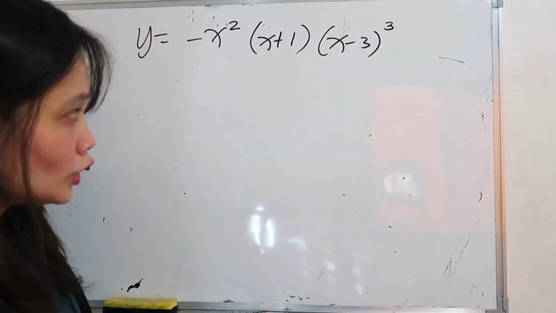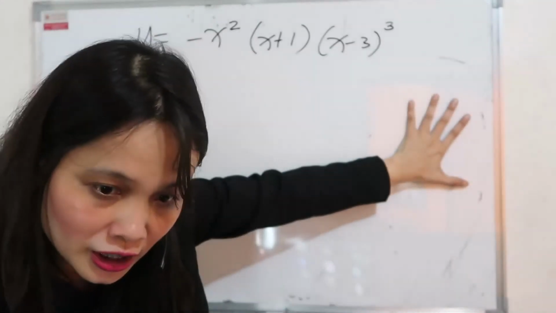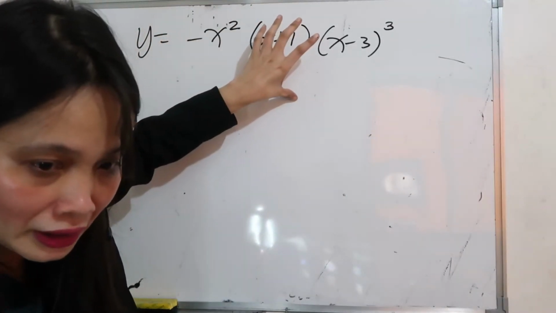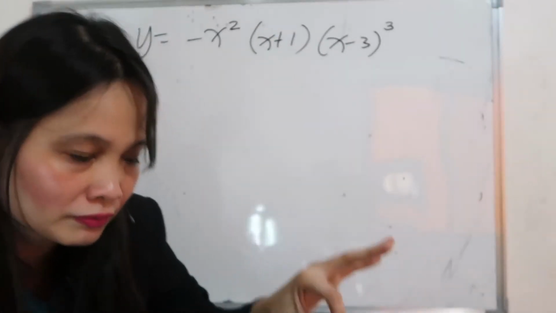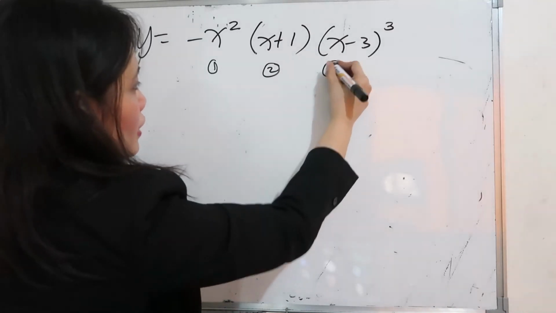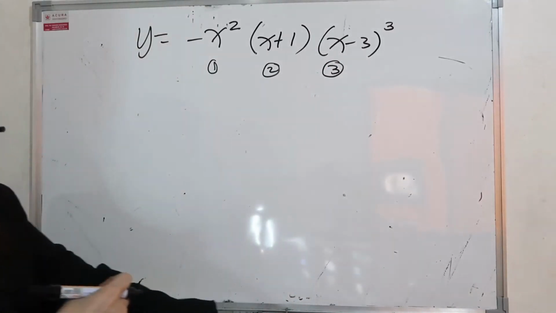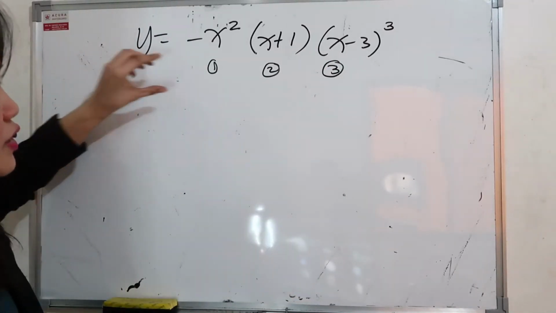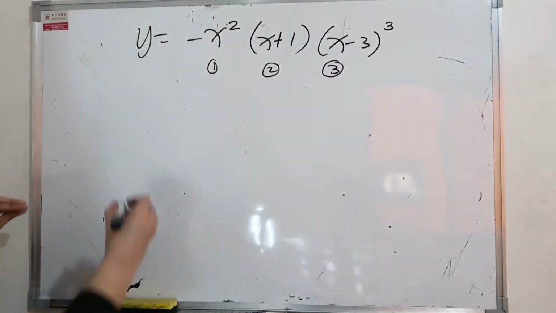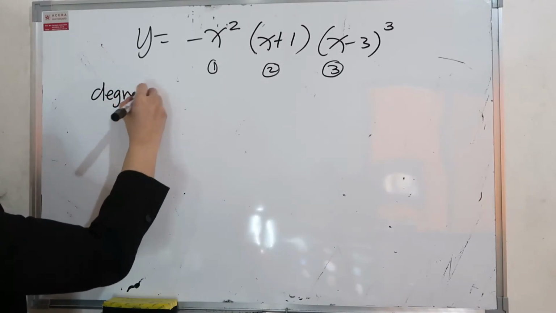In our first example, it was written as a polynomial function. In here, it is already factored. How many factors do you have? This is your first factor, second factor, and then third factor. Now, since it was written as factors, what is your highest degree?